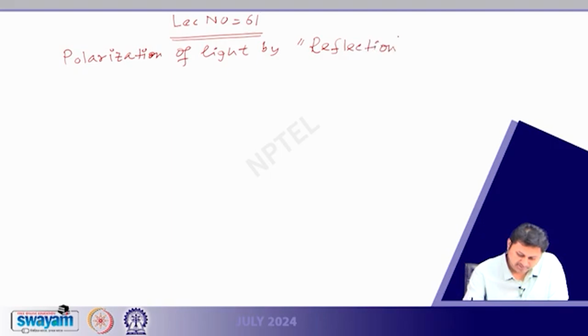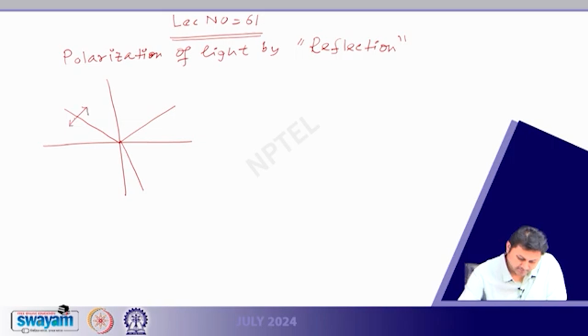We have already discussed this, let me do it once again. When we calculated the Brewster law, that was the incident light having polarized light like this, and that was the transmitted light where the electric field vibration was this.